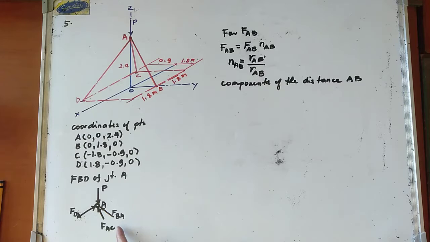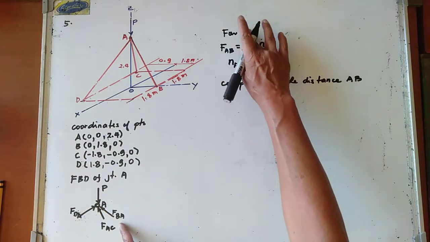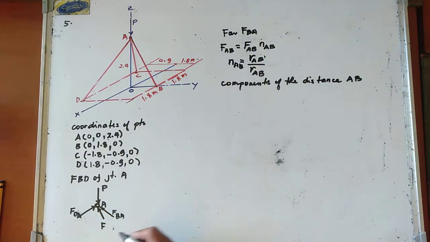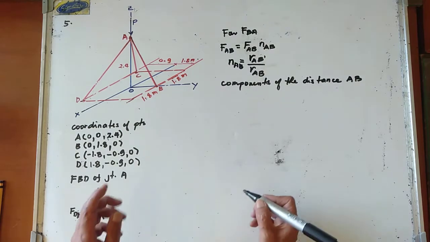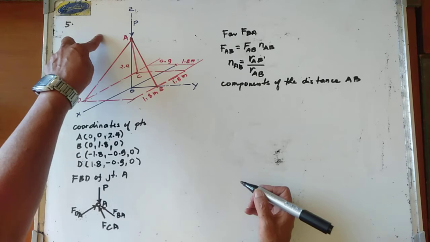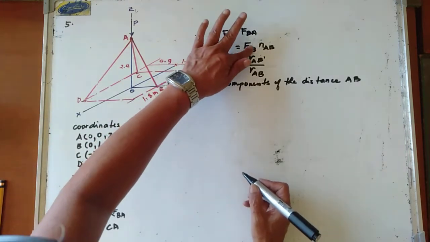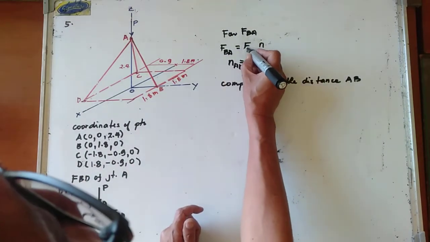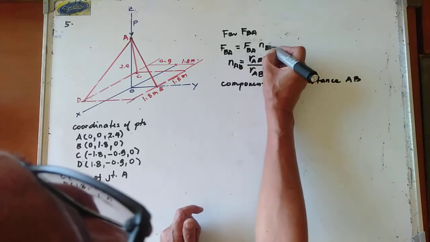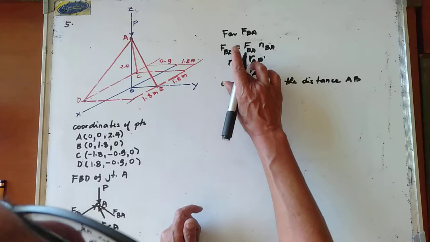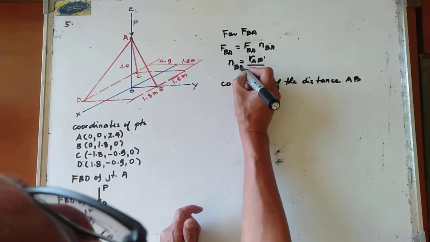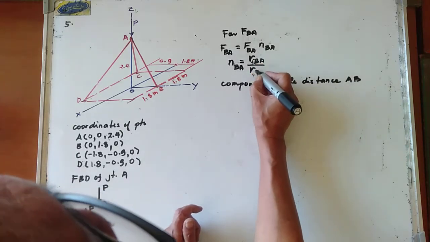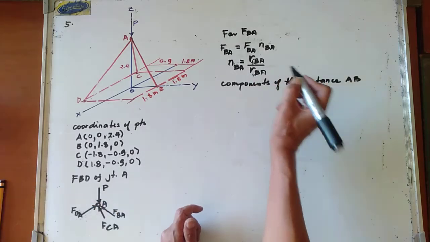Take note that this force is directed, so this is FBA, along the position vector BA, with unit vector BA, and the magnitude of the position vector BA.